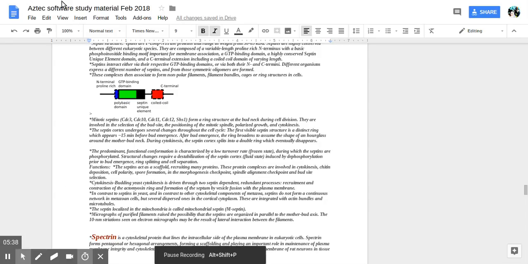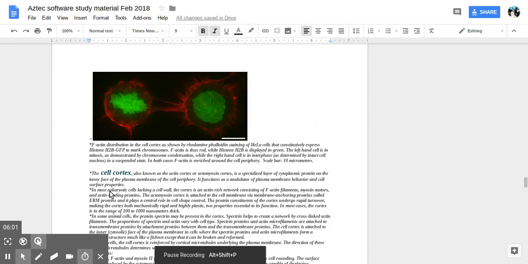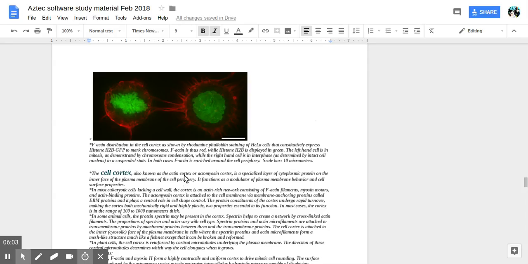So earlier we saw the cortex, which is referring to the nucleus and what it contains. So we learned that the cell cortex, or the actin or actomyosin cortex, is the inner layer inside of the plasma membrane at the cell periphery.